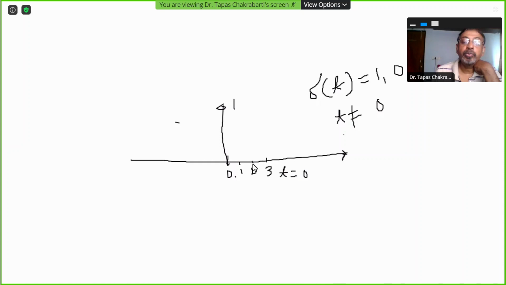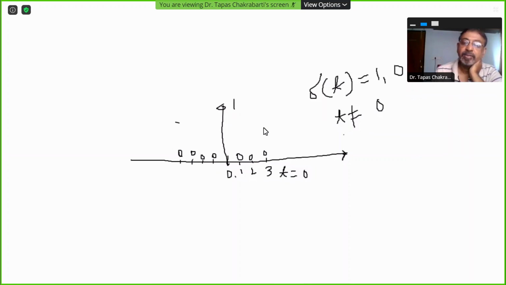At all these points, your value of impulse should be 0. All these are 0. Here, this is called the impulse function.